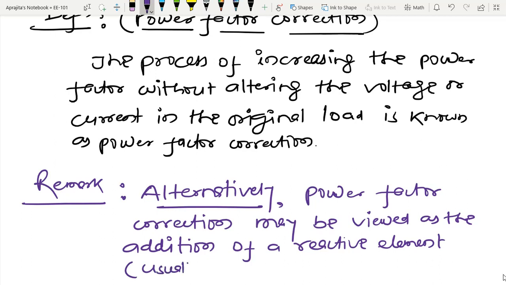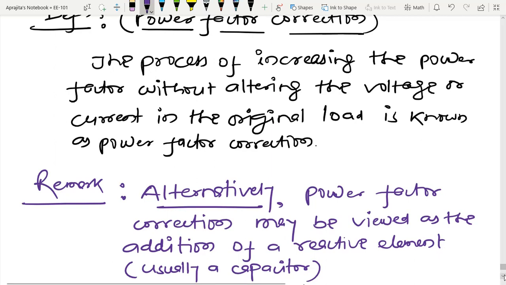Suppose that I have to perform the same kind of correction in case of capacitive load, then I am going to add the inductor. But here I have an inductive load, so I am going to add a capacitor.